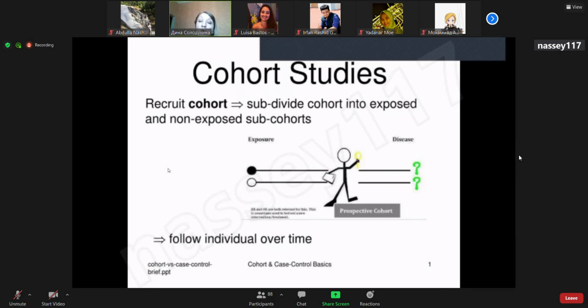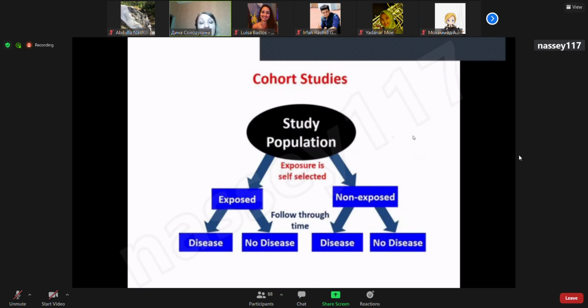In a cohort study, the idea at the beginning of the epidemiological research is to identify whether subjects have exposure or do not have exposure.